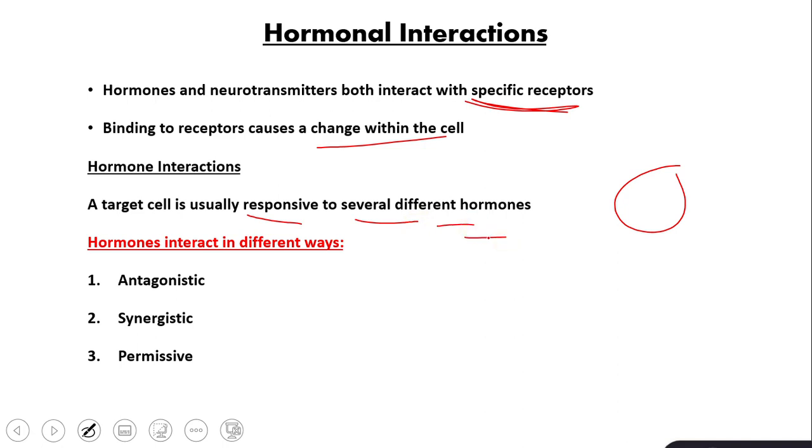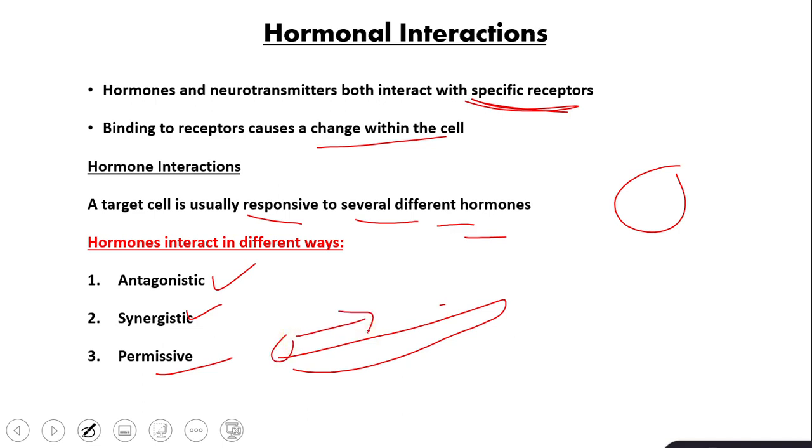So the hormones can interact in different ways. They can be antagonistic to one another, so a hormone does the opposite action of another one. Synergistic, meaning they can add to one another to produce a strong effect. Permissive, when one hormone paves the way for another hormone to come and induce its action.